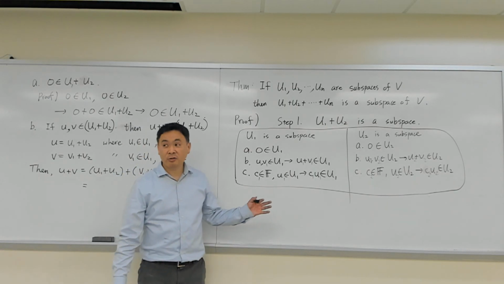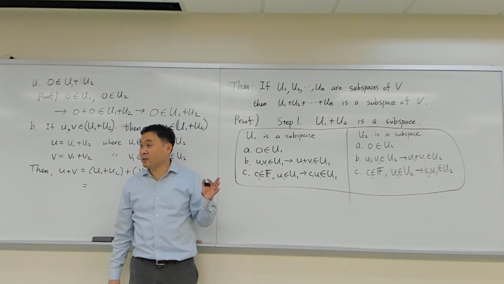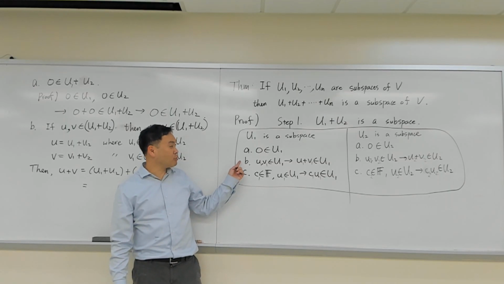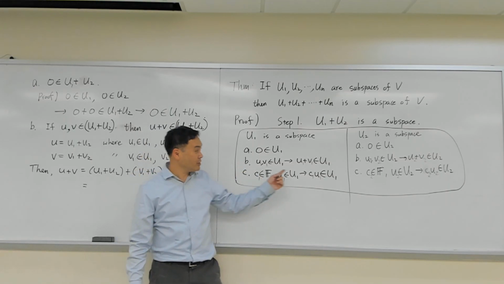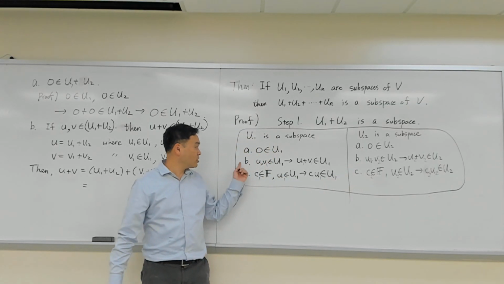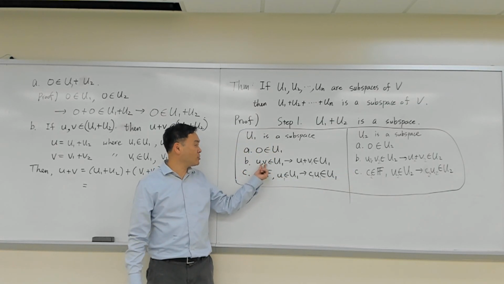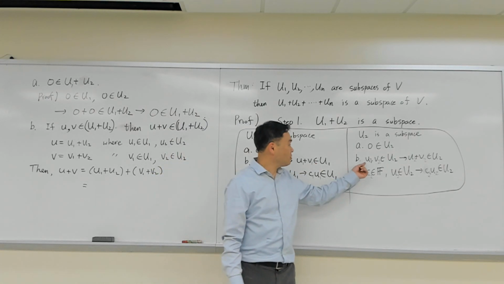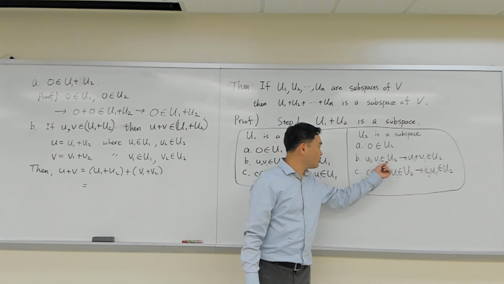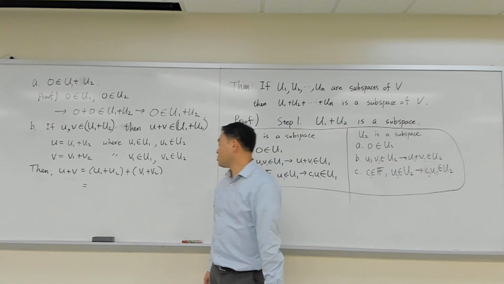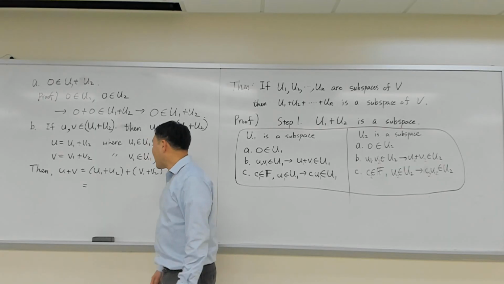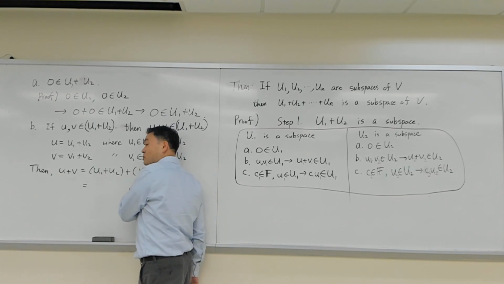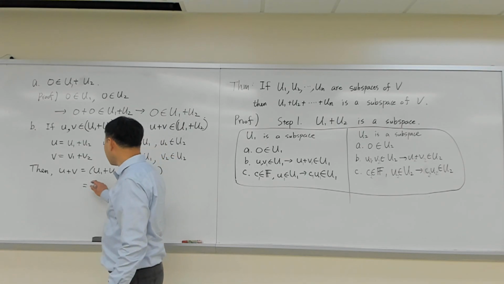And now let's go back here and see what can be made use of. Of course, it must be related to this part B, right? So in here it says, if you have U1 and V1 in U1, then U1 plus V1 is in U1, and if U2, V2 are in U2, then U2 plus V2 must be in U2. Okay, good. So it seems like I have to put U1 and V1 together and U2 and V2 together, right? So let's do that.